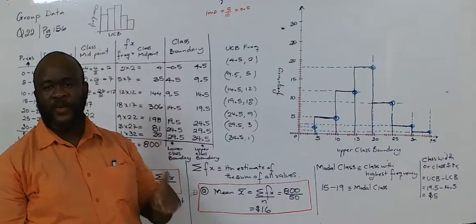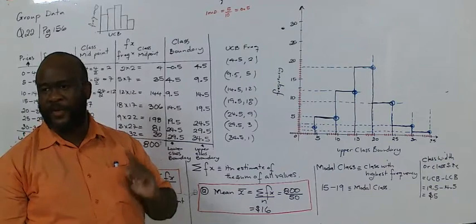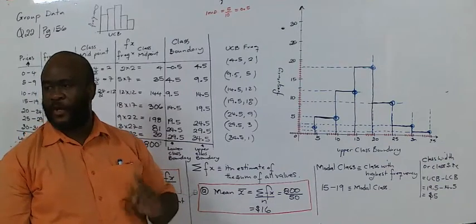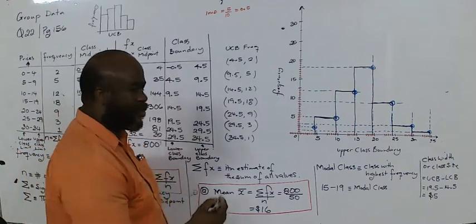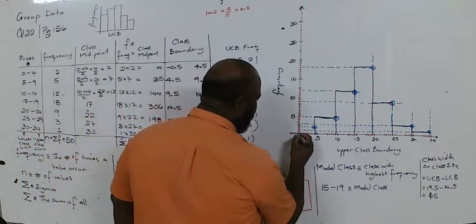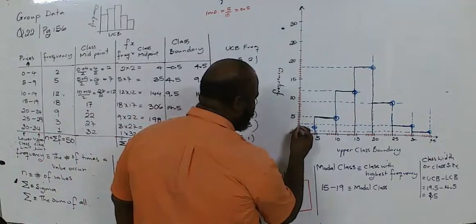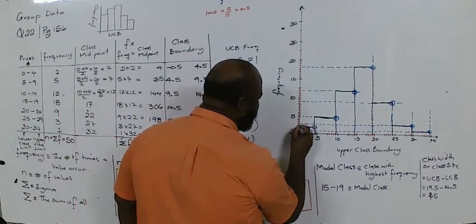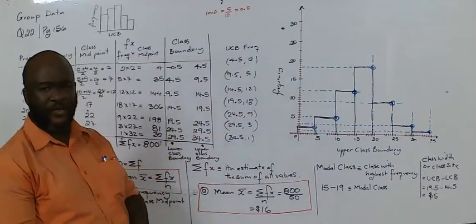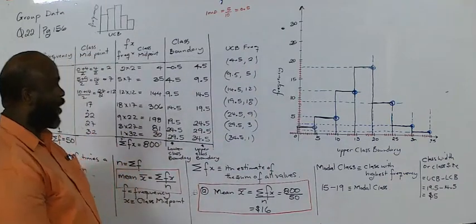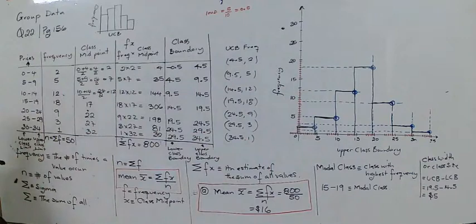The bars must all be of the same width. To achieve that, this one must start just before 0, and the height is 2. Alright? Ladies and gentlemen, that's what your histogram would look like.